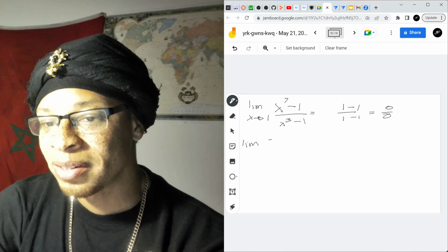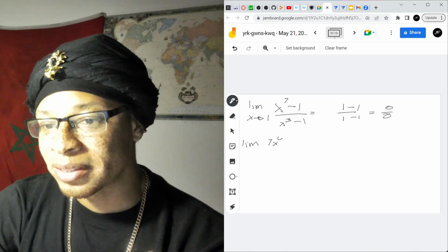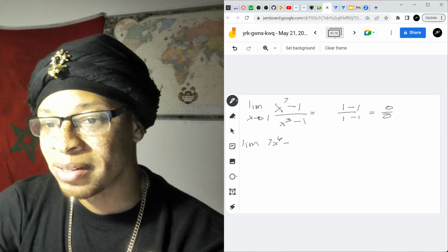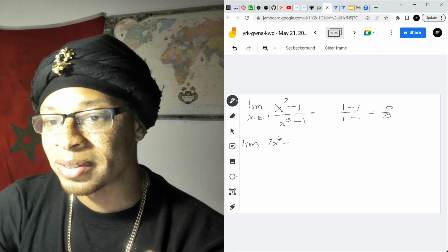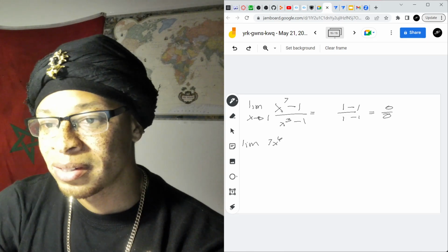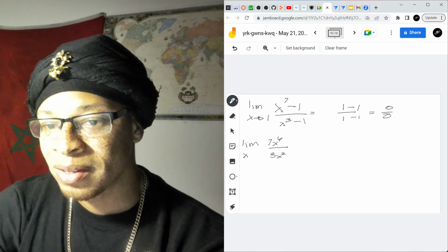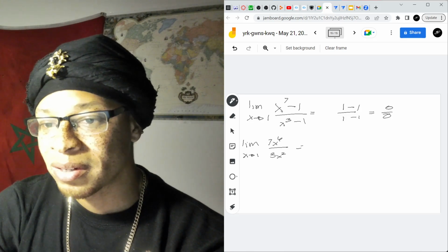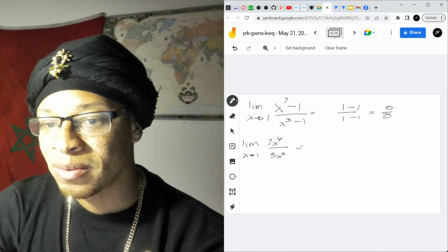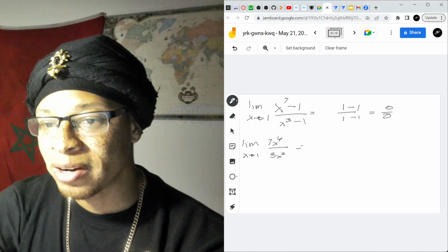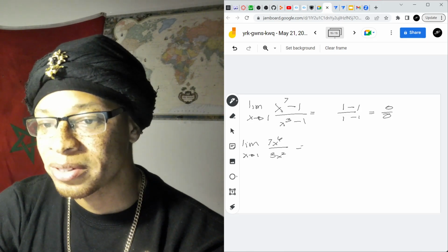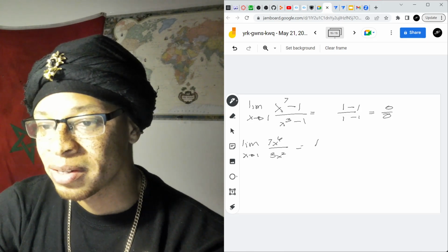So that means we take the derivative. The derivative gives 7x to the 6th over 3x squared, as x approaches 1. We put in 1 for x: 1 to the 6th power is 1, times 7 is 7.